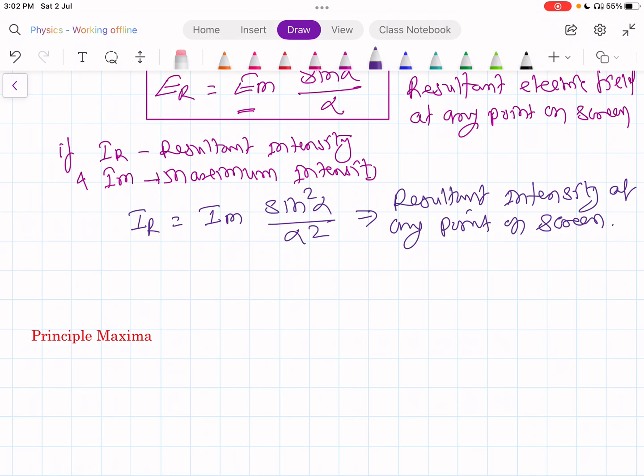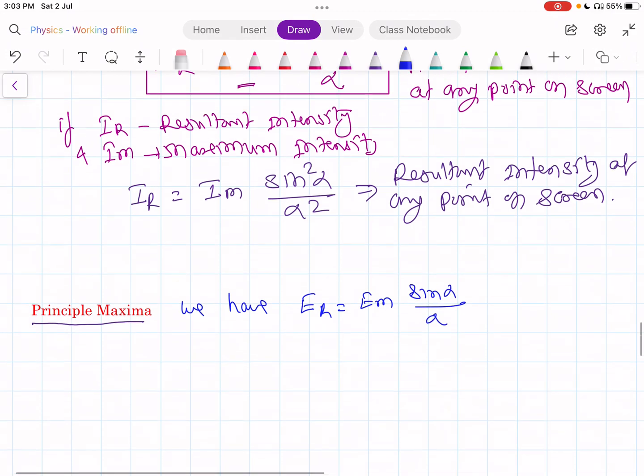that is the point P naught. The condition for principal maxima. To find the condition for principal maxima, we have the relation for the resultant electric field equal to Em sin alpha upon alpha.